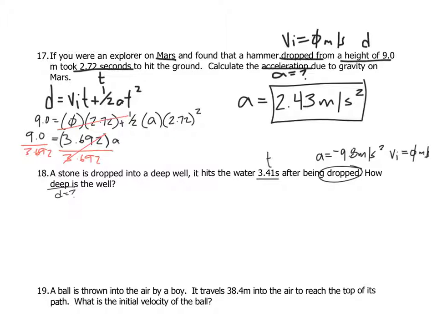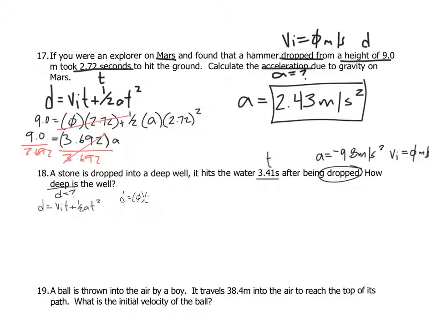So I'm going to use the same equation that I used above. D equals VI T plus 1/2 AT squared, where D is unknown. The initial velocity is 0.